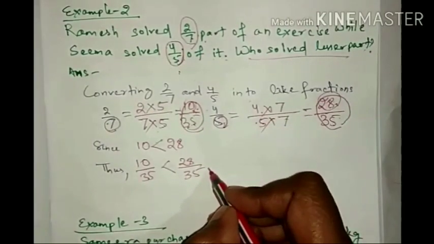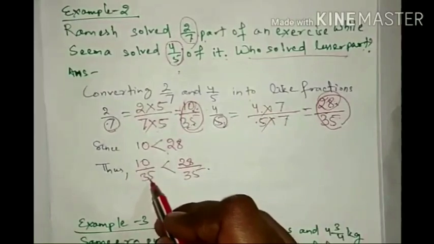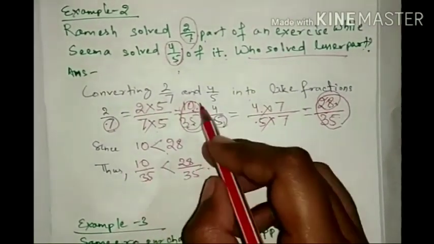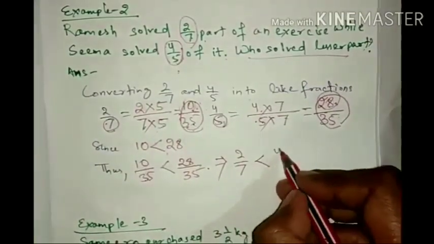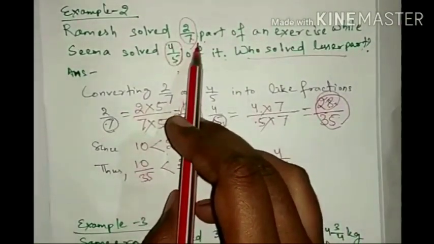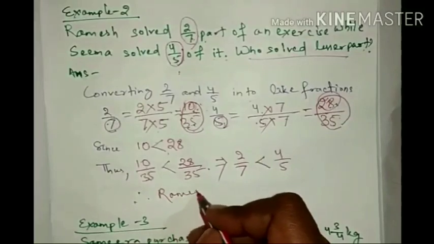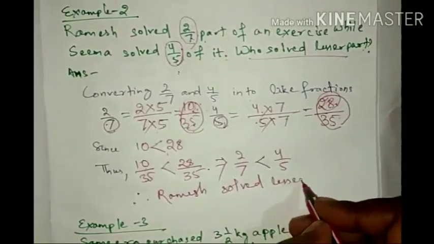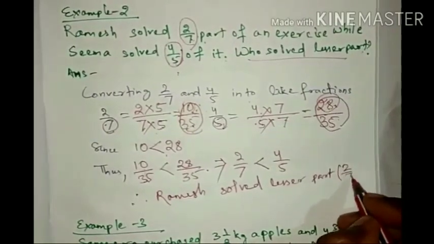Which one is 10 by 35? 2 by 7. So 2 by 7 is less than 4 by 5. Who has solved 2 by 7 part? Ramesh. Hence Ramesh solved the lesser part, that is 2 by 7.